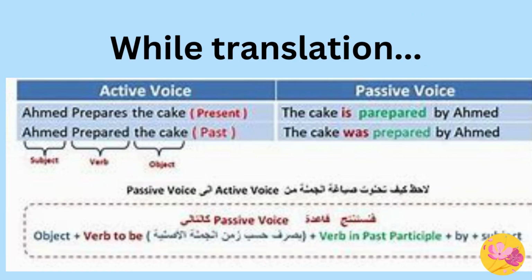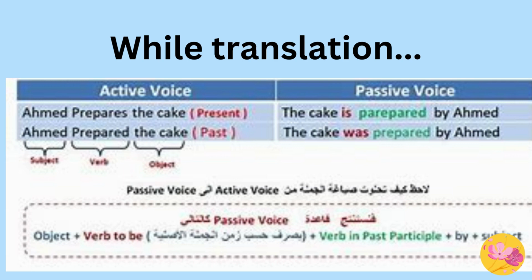Now, when it comes to Arabic, Arabic is always in passive voice. So we don't use active voice in Arabic because it is more evident and more convenient for us to use passive voice while using the Arabic language in sentences. If you see, Ahmed prepares the cake, is in present tense.